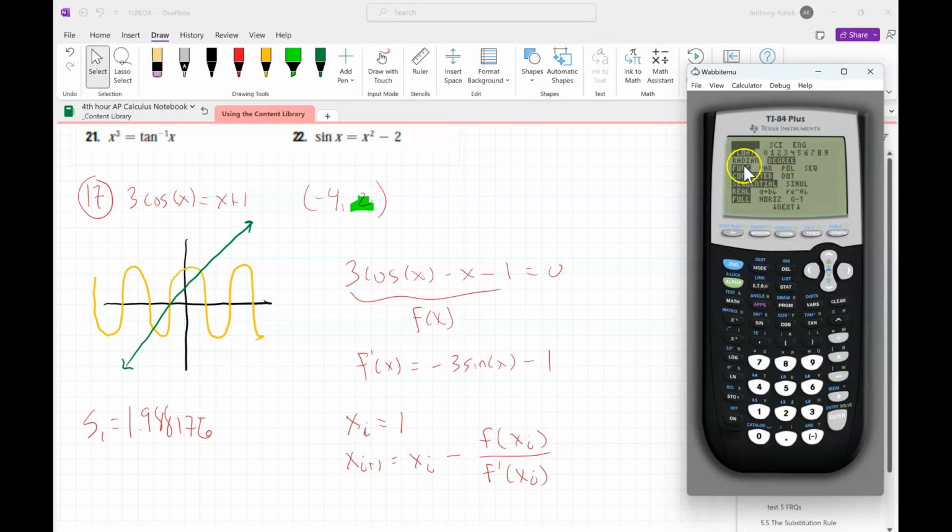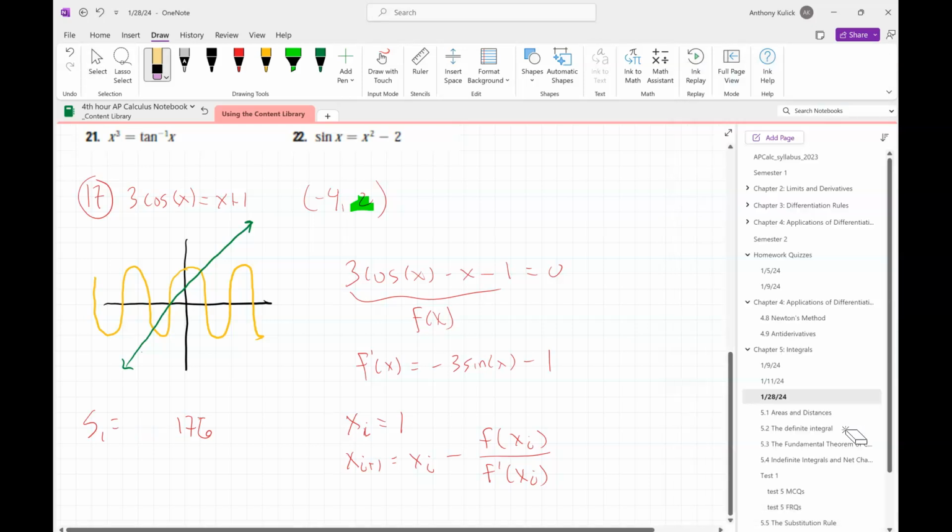Oh, I know why it's not working. Look at this. How dumb am I? That makes a heck of a lot more sense. And now I bet if I did 0, because that answer before is probably wrong. There we go. So that's an answer.